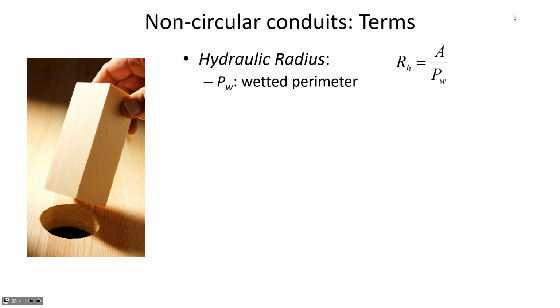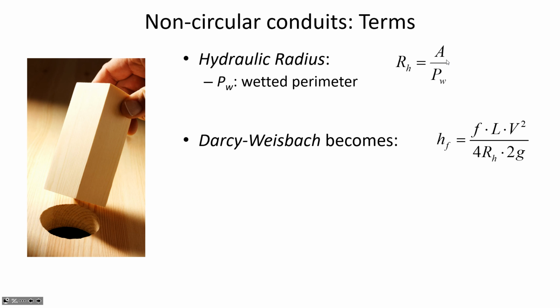Think about, as an illustration, how we calculated hydraulic radius. It was the area divided by the wetted perimeter. So if we don't have a diameter, what we can do instead is substitute in 4 times the hydraulic radius in place of the diameter. And that'll work. That'll give us what we need.